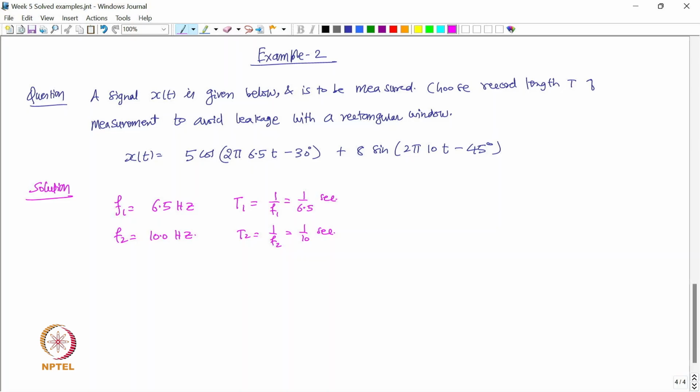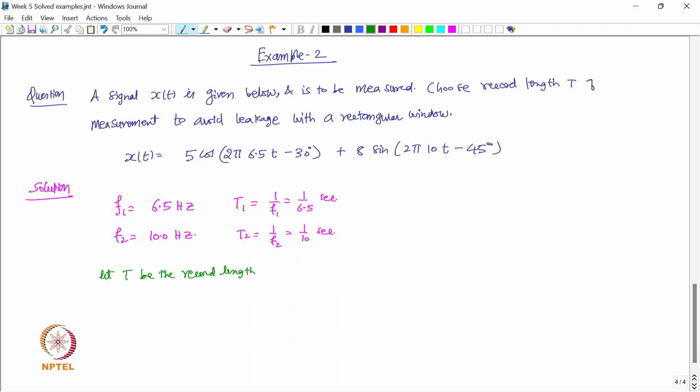Now we must choose a record length T such that an integer number of cycles of both these components are completed in that time T. So, let us say T is the record length of measurement.